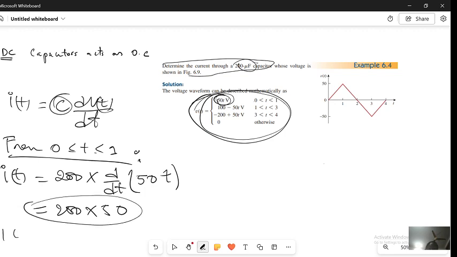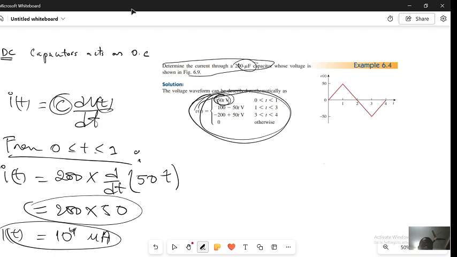So I will finally have i(t) equal to 200 multiplied by 50, which is 10 power 4. But the unit: the voltage in volts and the capacitor in micro, so I will have microampere.